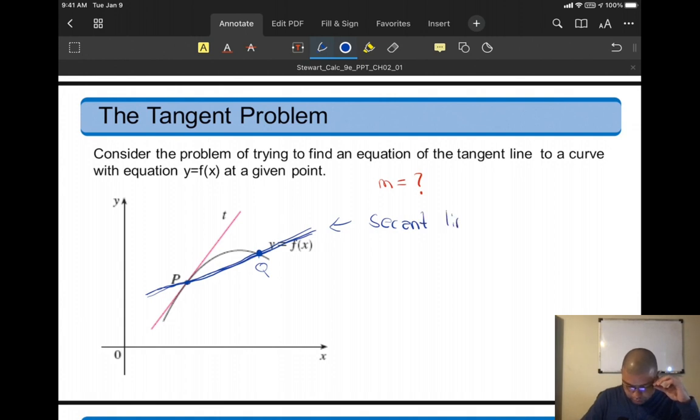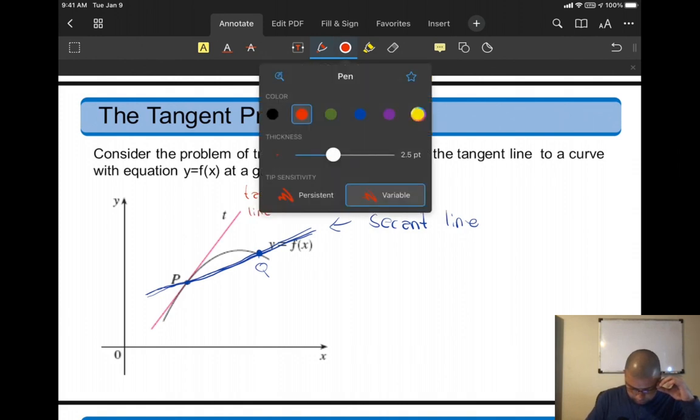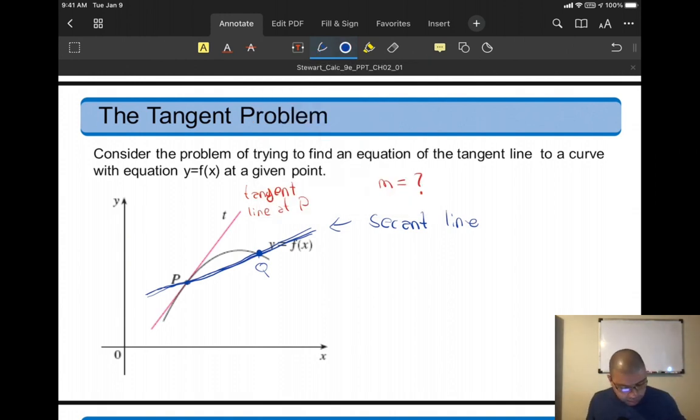This is called the secant line, and this is a tangent line. So this is the secant line at P and Q.